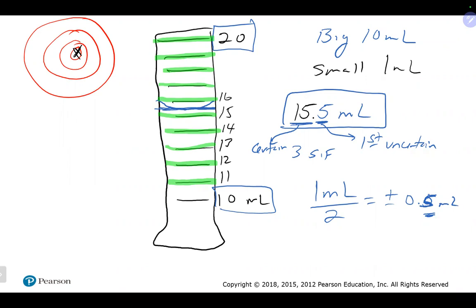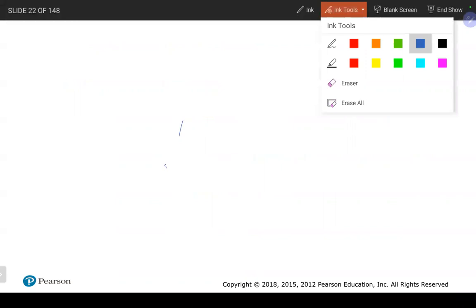So let's take a look at maybe an example where you wouldn't necessarily be able to do that. Let's say we had some random lines here. Let's say we got, call that 80. Call that 90 milliliters.